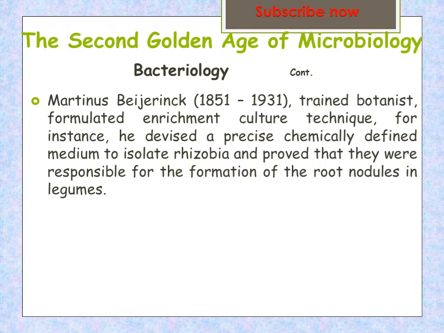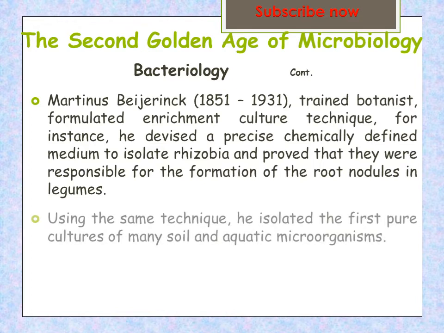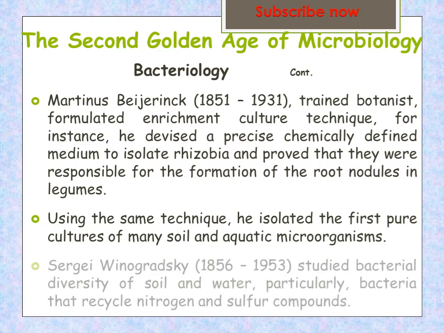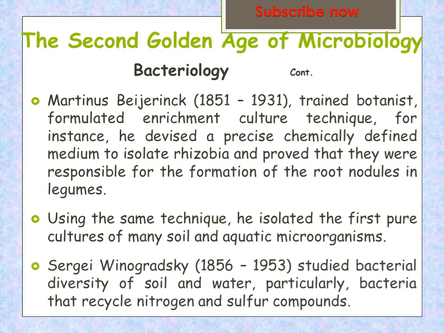Using the same technique, he isolated the first pure cultures of many soil and aquatic microorganisms. Sergei Winogradsky lived between 1856 and 1953, and studied bacterial diversity of soil and water, particularly bacteria that recycle nitrogen and sulfur compounds.